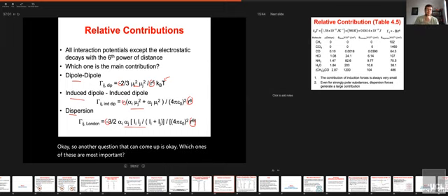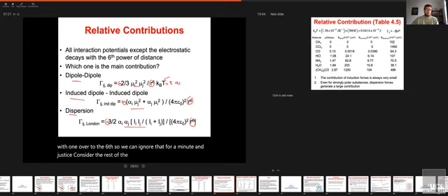So to analyze which one is more important, let's assume a fixed temperature, 300 Kelvin, so that we can fix a number there. All right? And then what we can do is to take out the r to the 6th, because all of these potentials are going to scale with 1 over r to the 6th. So we can ignore that for a minute and just consider the rest of the formulas.